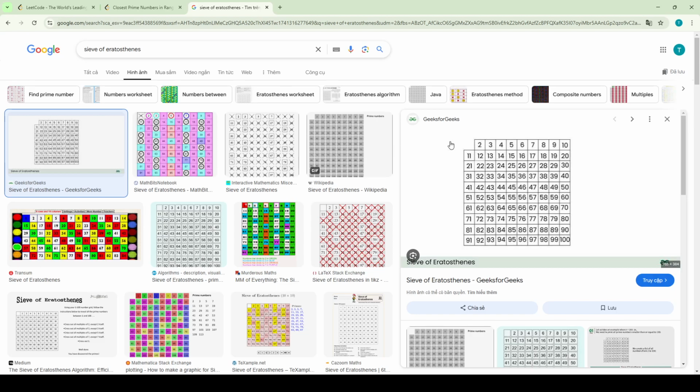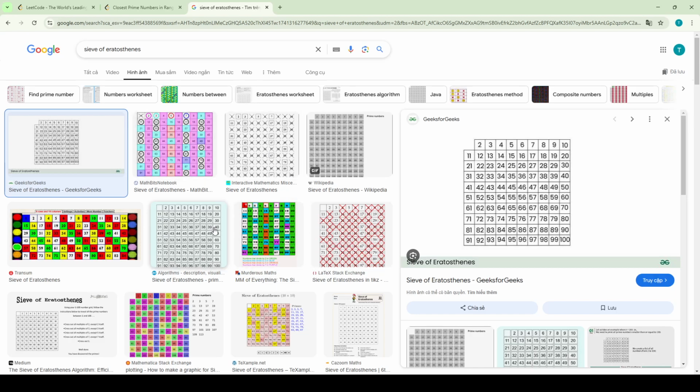I come to 2, and we already know that 2 is the first prime number. It can only be divided by 1 and itself, so it's a prime number. So all of the multiples of 2 have to be non-prime: 4, 6, 8, and so on up until 100. We will mark all of these as non-prime.